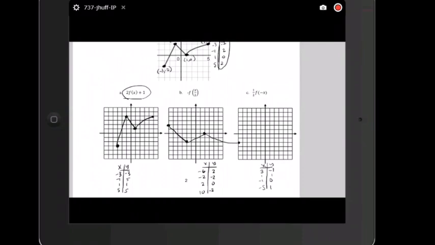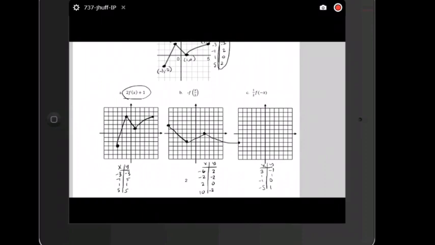So what this is right here is a horizontal reflection, so it's reflecting horizontally about the y-axis. And then this 1/2 times f of x is a vertical compression, so it's being compressed vertically.